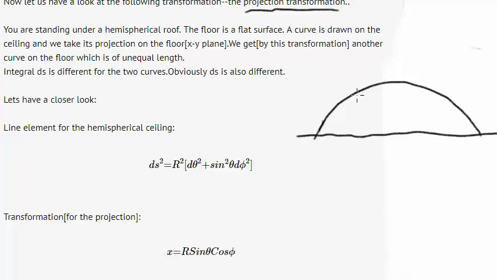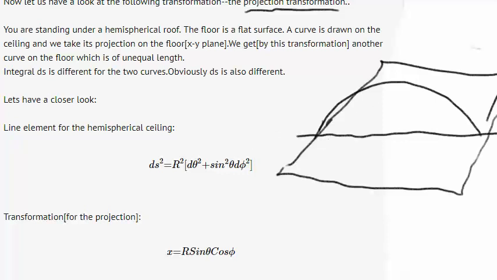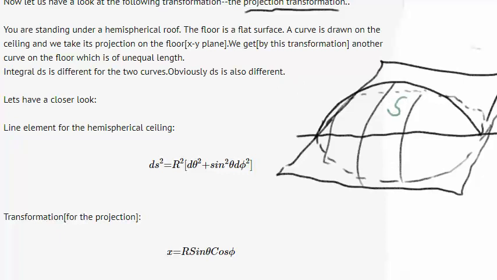So we draw a curve on the surface of the roof. Let's give this a little bit more of a three-dimensional quality to it, and imagine the roof coming around. Something like that maybe, and we'll draw a picture on the roof, which will be projected down onto the floor.